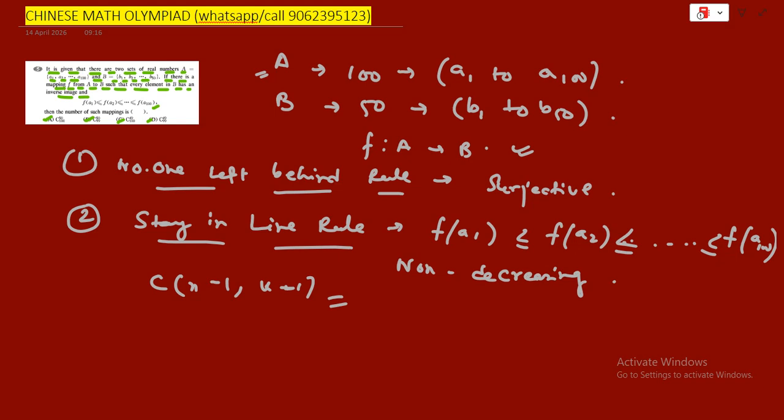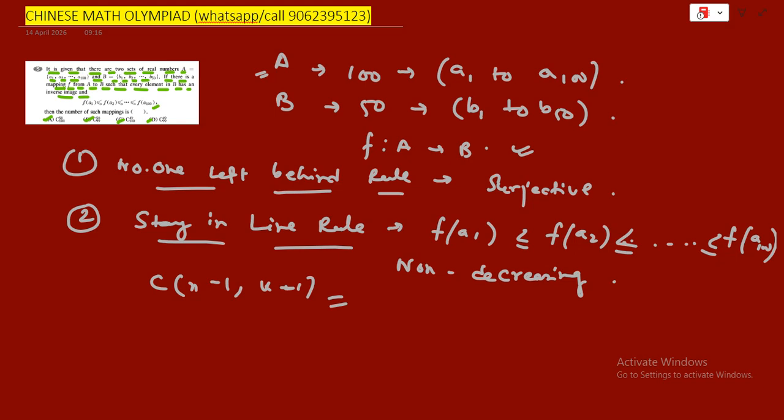Since f is surjective and non-decreasing, once you decide that a1 through a5 go to b1, and a6 must be the start of the group for b2 or stay in b1, to ensure all the 50 buses are filled, we just need to pick 49 cut points out of the 99 possible gaps between our 100 students. Okay, now think about it.